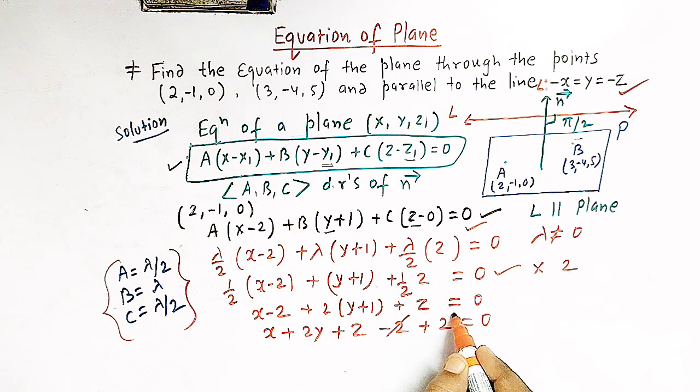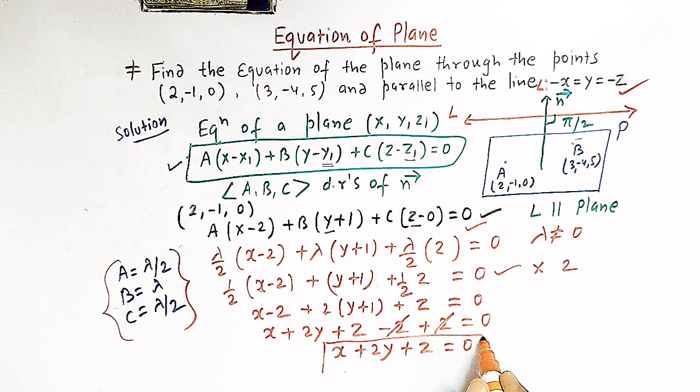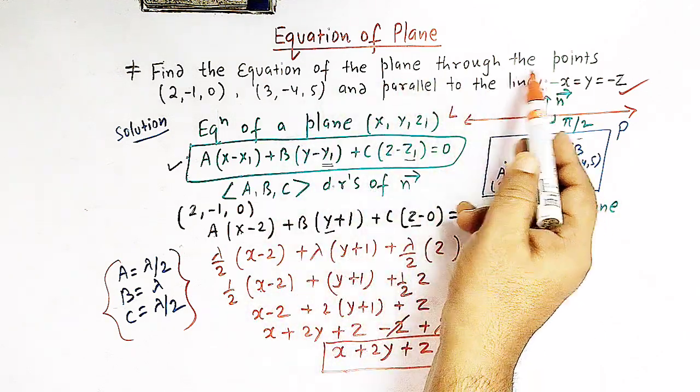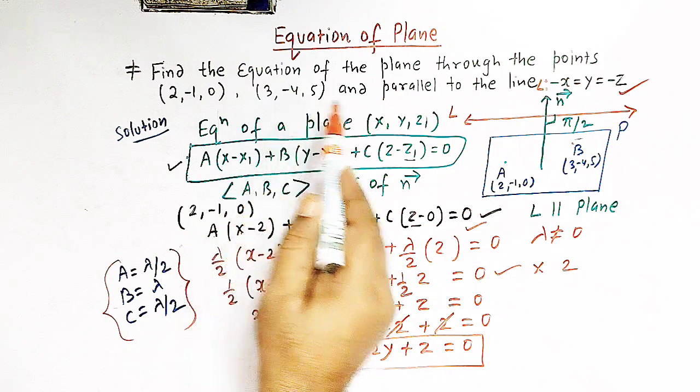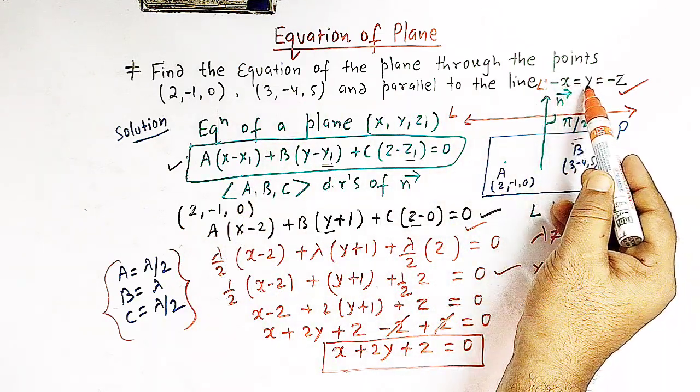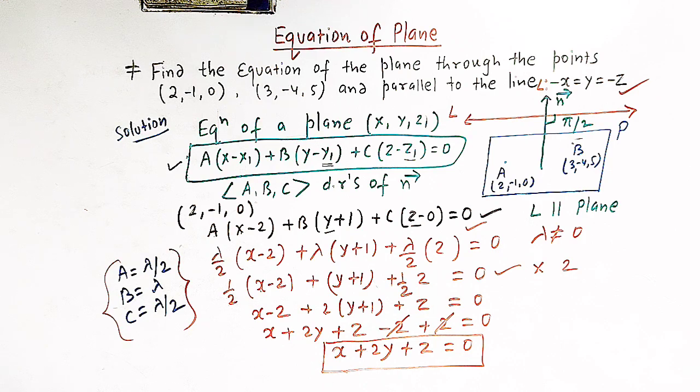Now minus 2 and 2 get cancelled, so we have x plus 2y plus z is equal to 0. Right, so viewers, this is the required equation of the plane, which passes through these 2 points and is parallel to this line minus x is equal to y is equal to minus z.